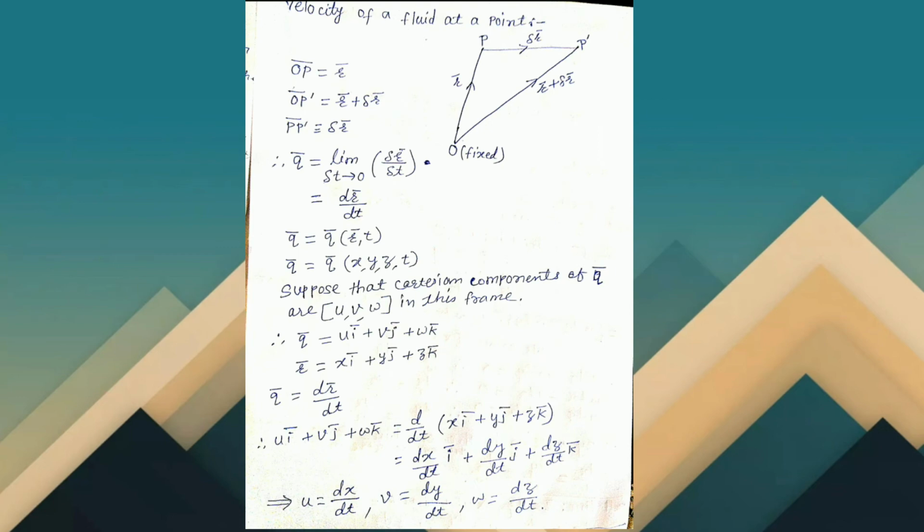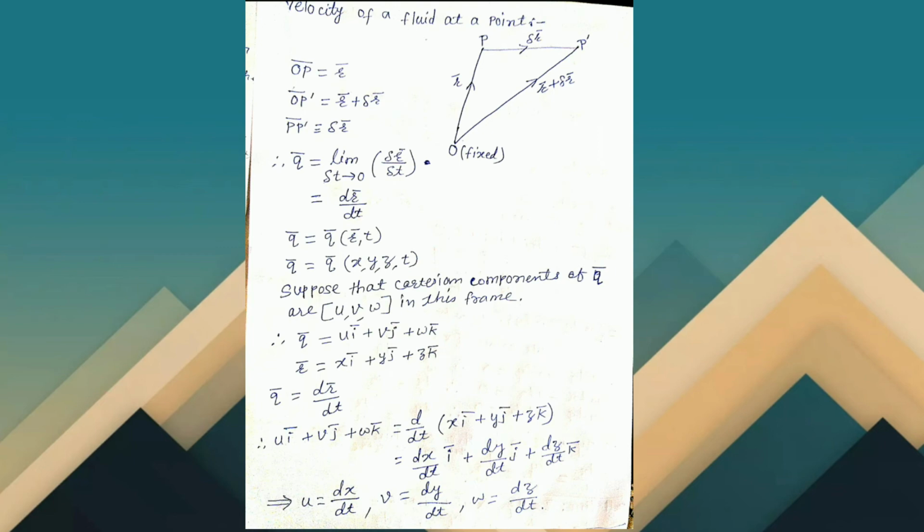Now, assuming such a limit exists uniquely, this assumption is justified if we postulate that the fluid is continuous. Clearly, q bar in general depends on both r bar and t, so that we may write q bar is equal to q bar of r bar, t.